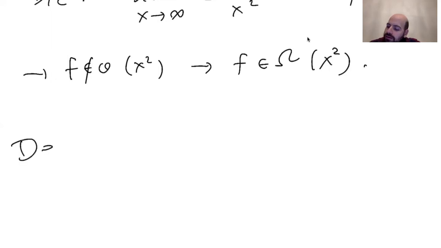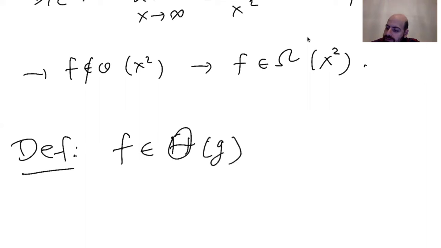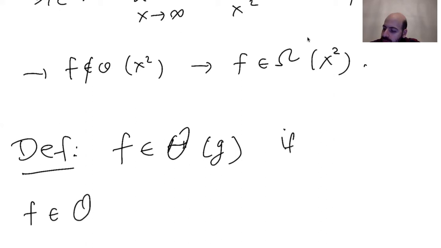Okay, and the last notation that we need: f belongs to capital theta of g if f belongs to capital O of g and f belongs to capital omega of g.